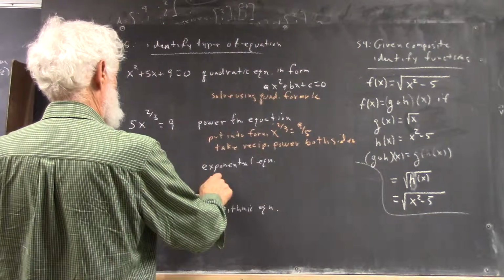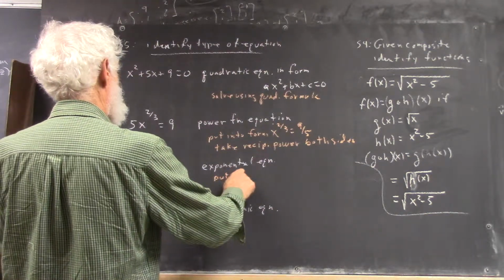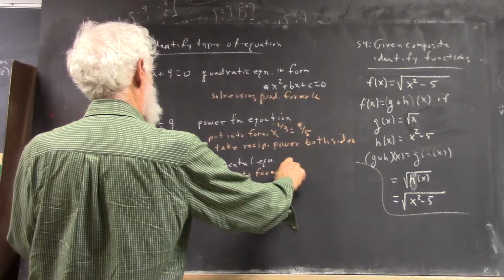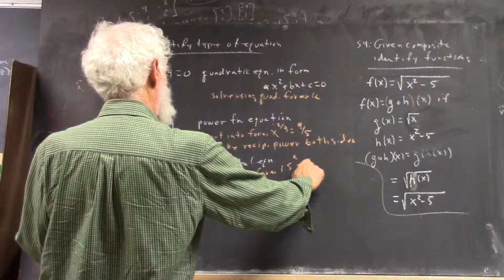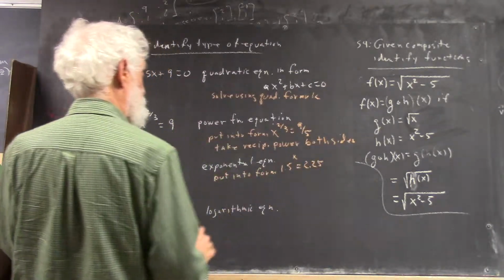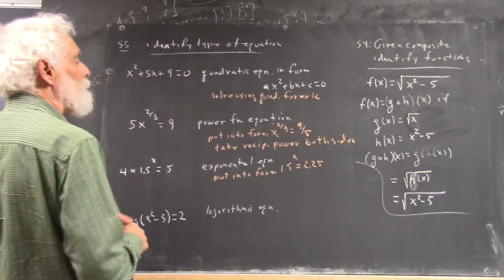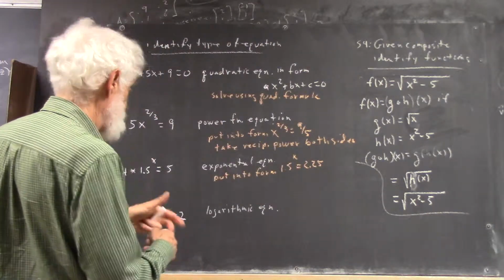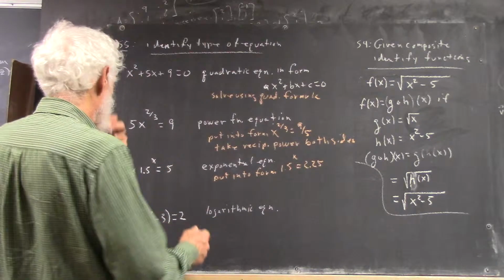An exponential equation, how do you solve an exponential equation? Well, this equation we would put into the form 1.5 to the x equals 2.25. Now we could do this by inspection, because I know 1.5 squared is 2.25, but that's kind of a rare occurrence.